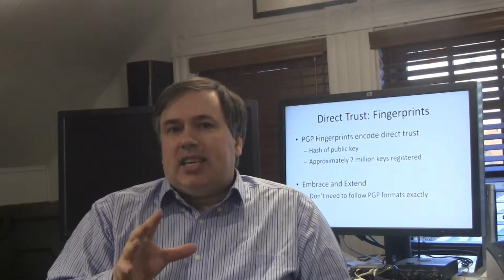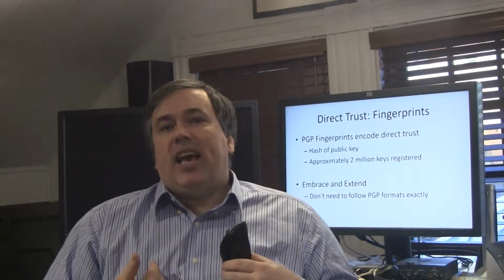But there's a second type of trust that doesn't require any infrastructure at all, and it's called direct trust. If I meet you in person and I give you my PGP fingerprint, you can then send me an encrypted mail message under that fingerprint, and I can read it, and you can be absolutely sure that you are talking to me, unless of course I've done something careless with my PGP key.